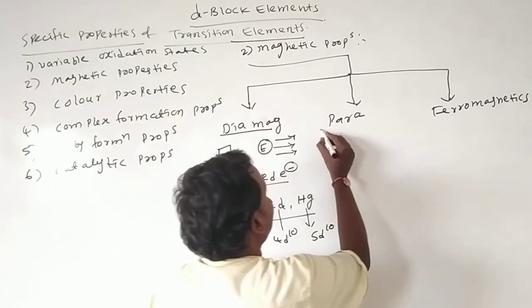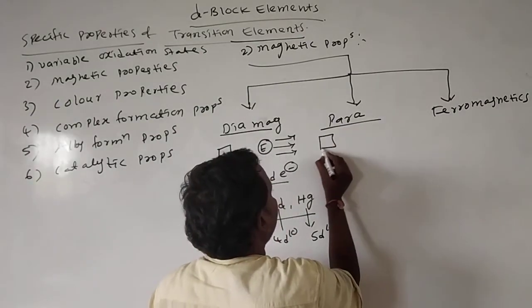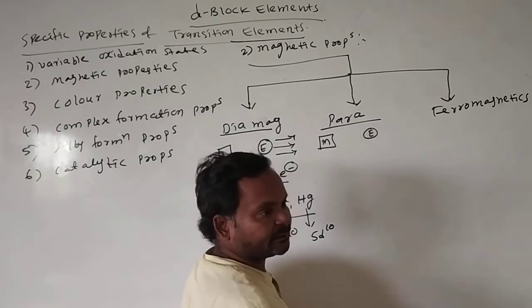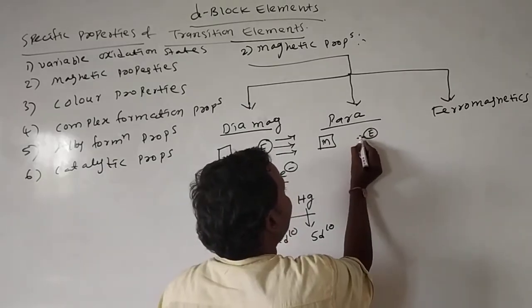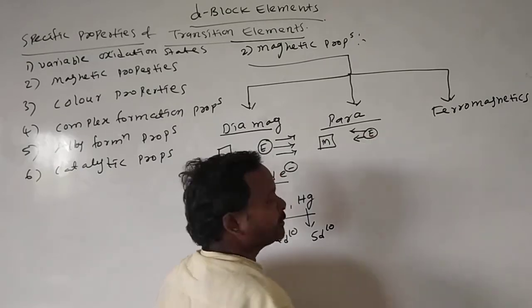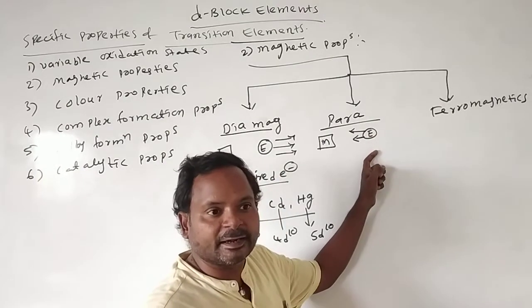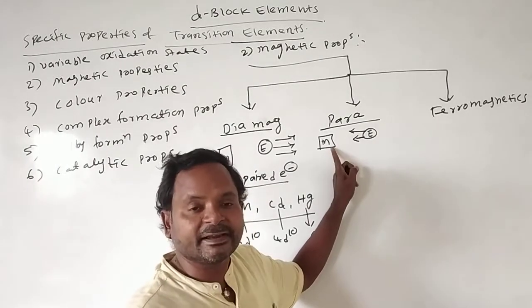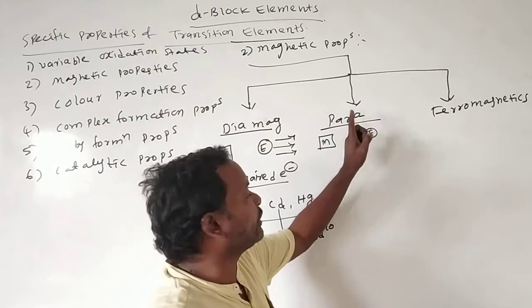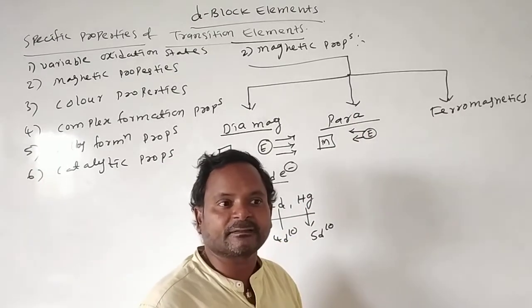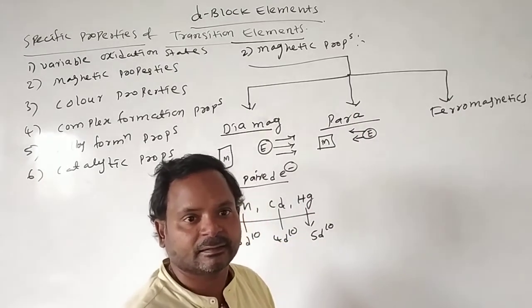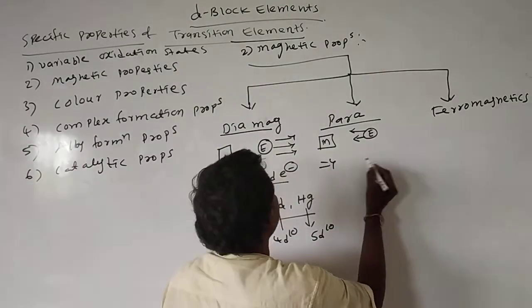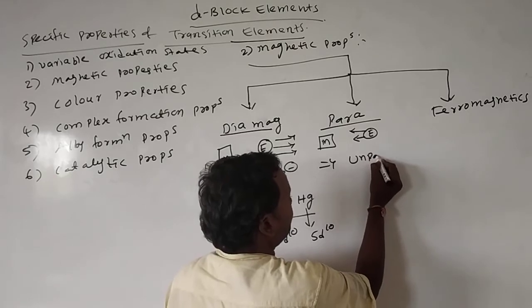Paramagnetism. Here I am taking a magnet and a transition element. The element which is weakly attracted by the magnet is called a paramagnetic substance. Examples of paramagnetic substances are those which have unpaired electrons.